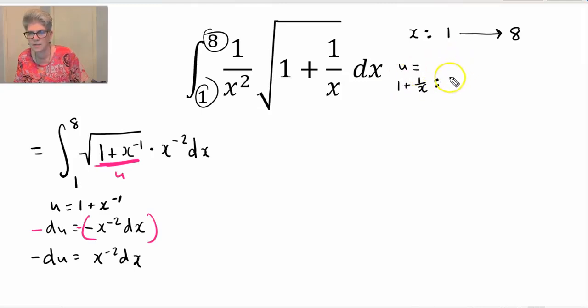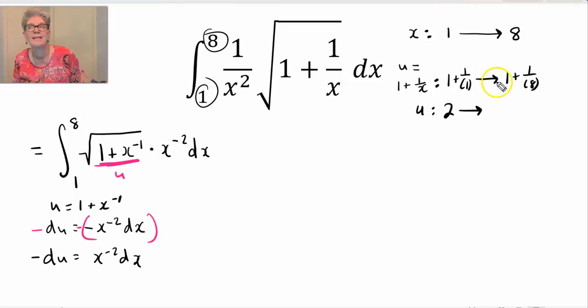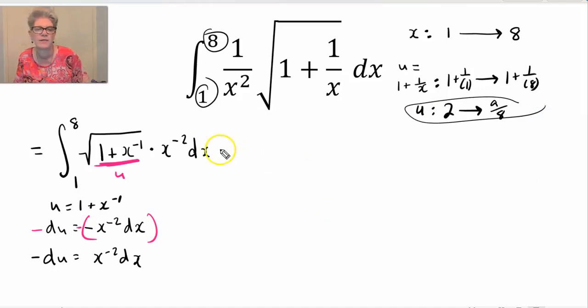And so that's going to go from 1 plus 1 over 1 to 1 plus 1 over 8. 1 over 1 is 1, and 1 plus 1 is 2. 1 plus 1/8, well, if I rewrite 1 as 8/8, then 8/8 plus 1/8 is 9/8. So I have my limits for u. Okay, I should be ready to write this all in terms of u, so that there is minus du.